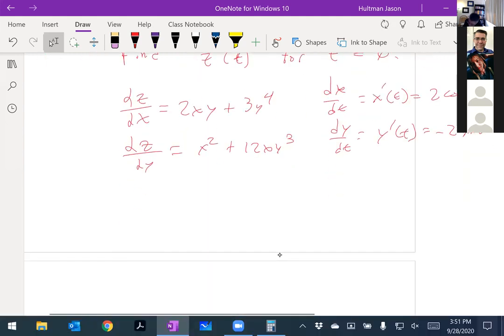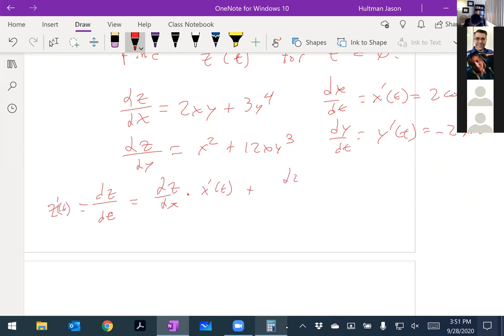Okay. So now let's put this all together. dz/dt, or what we're calling z prime, is going to be equal to the partial of z with respect to x, dz/dx, times x prime of t, plus dz/dy, or the partial of z with respect to y, times y prime of t.